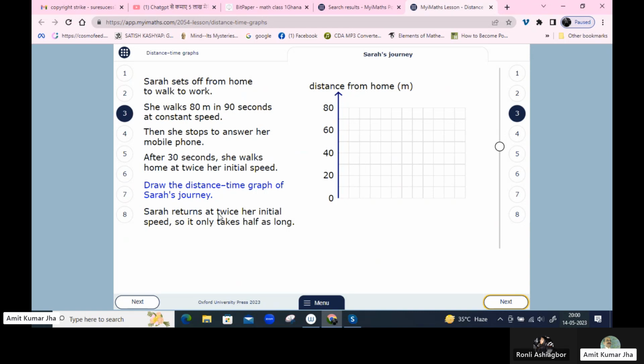Sarah returns at twice her initial speed, so it takes only half as long.